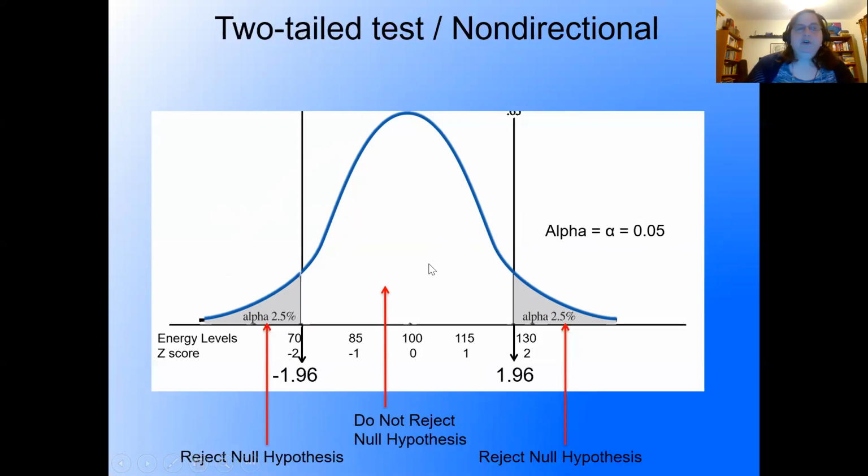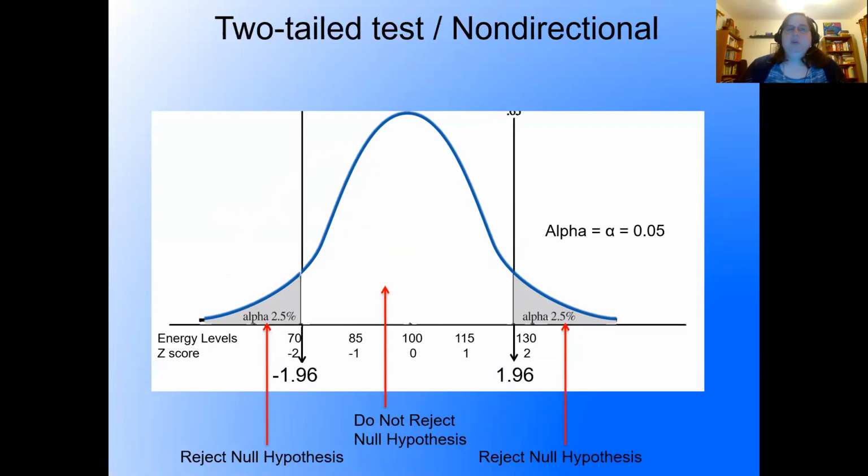So now if you fall anywhere in this big middle region, you do not reject the null. But if you fall in the upper end or you fall in the lower end, you get to reject your null. So that's the difference between one-tailed and two-tailed tests.